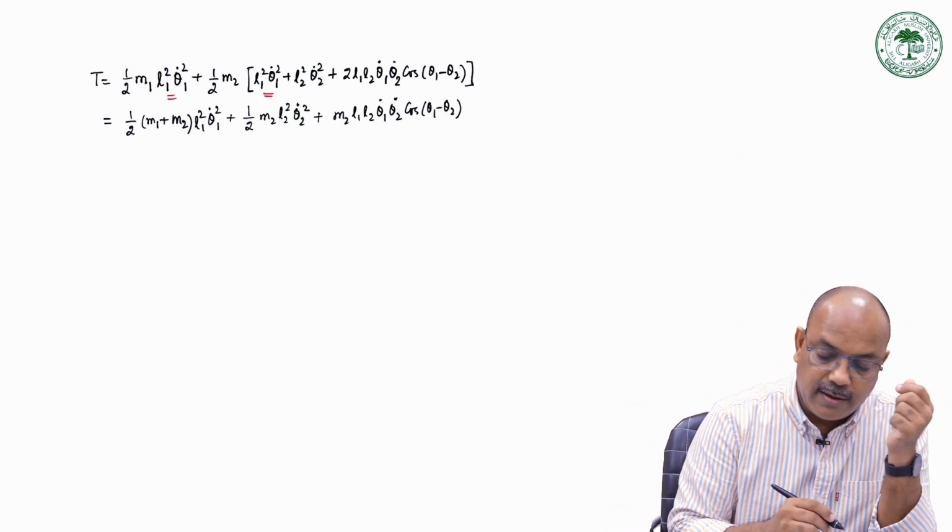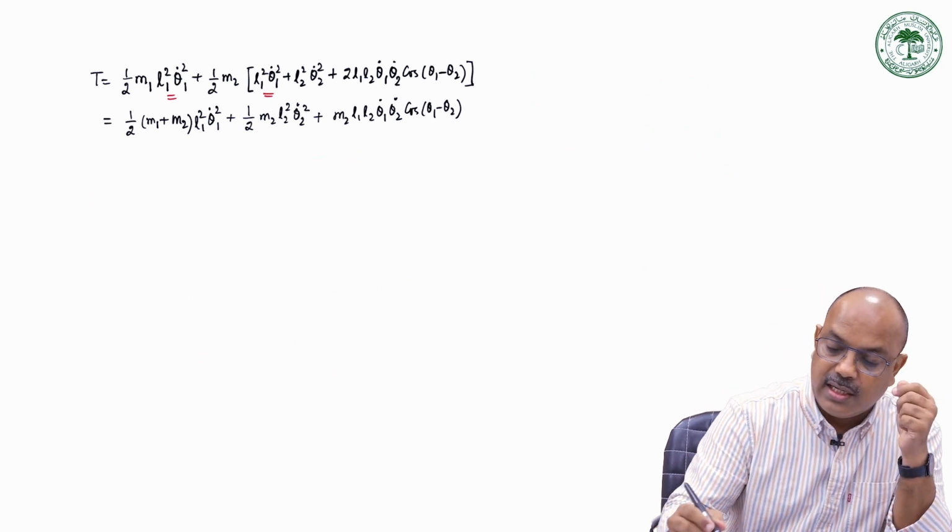So I can write V is here and T is here, so I can write the Lagrangian.